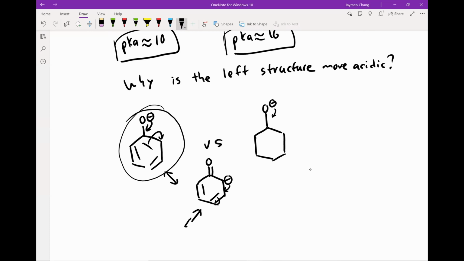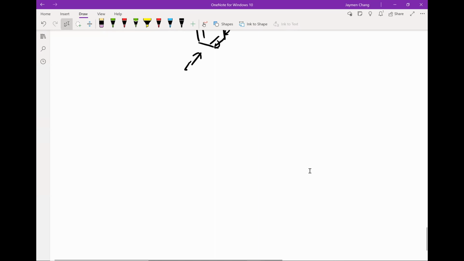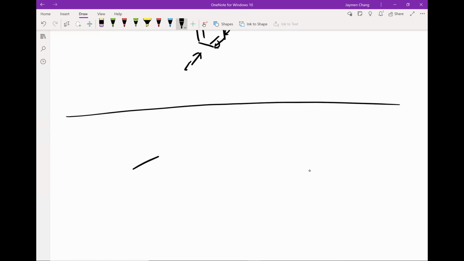Okay. Now we're going to compare another thing, which is this alkyne with a pKa of about 26, versus the pKa of this, which I believe is like 40 or something, quite high.